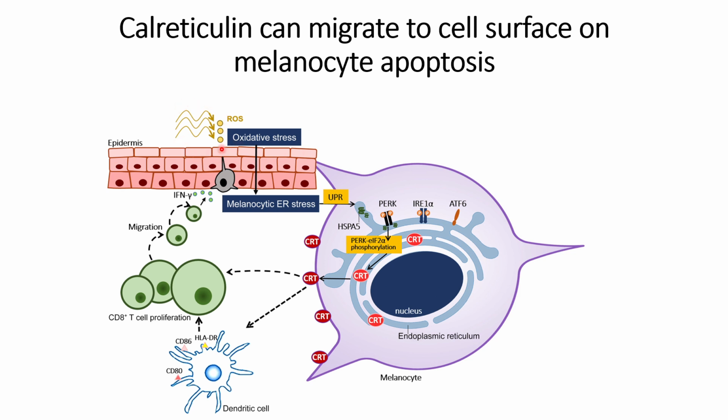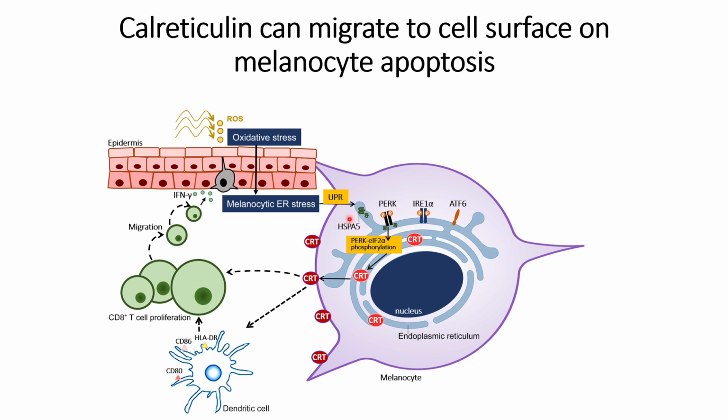And in this figure, the stress is caused by reactive oxygen species on the epidermis, and the UPR response that has occurred because of this kind of stress is the overproduction of HSPA5 within the endoplasmic reticulum.